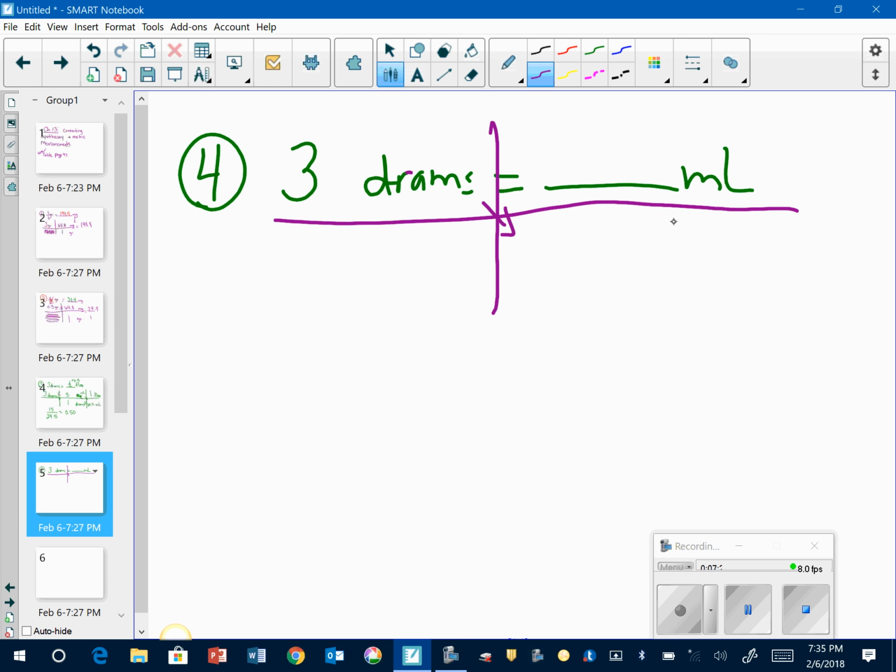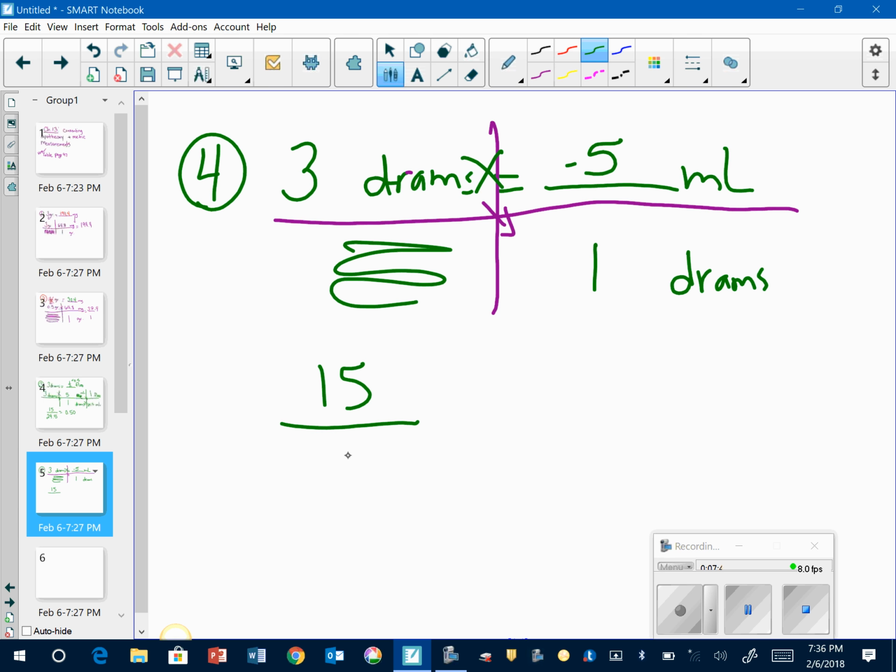So if you have drams here, you're going to have drams down here. You look in your chart, and 1 dram is equal to 5 milliliters. Then you multiply across, so 3 times 5 would be 15, goes on the top. 1 times nothing will be 1, so it would be 15. So 3 drams is equal to 15 milliliters.